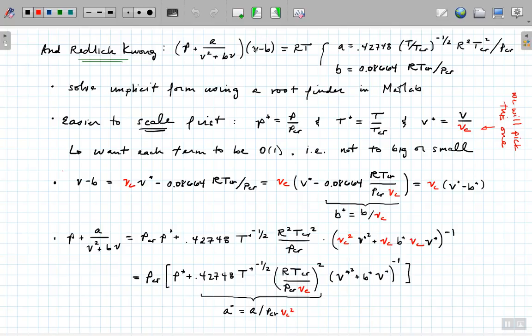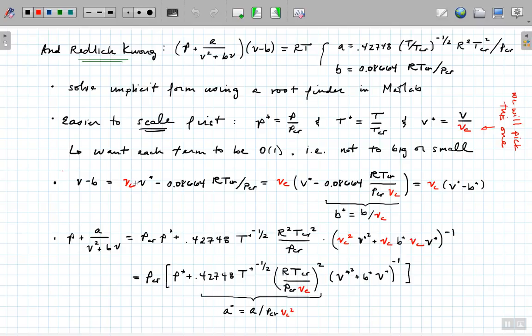So if we were to plug in all of our variables, for V we plug in VC times V star, for P we plug in PC times P star, and so forth, into this expression and massage things around, we're going to find something, but let's do it term by term. I think it might be a little bit more helpful in a practice way. So V minus b is just going to be VC times V star minus b, and there's our b value.